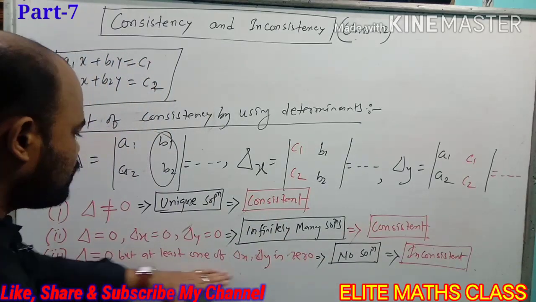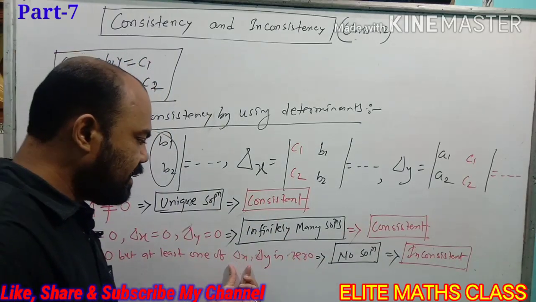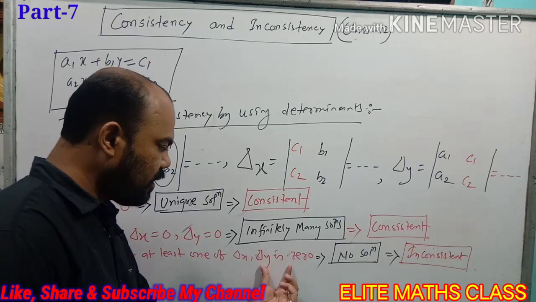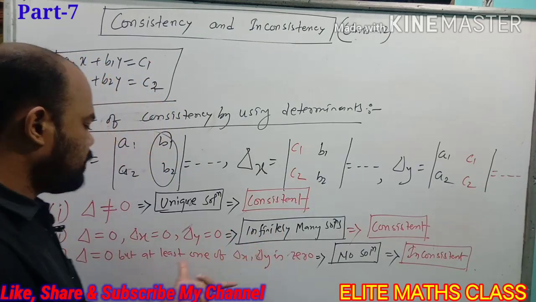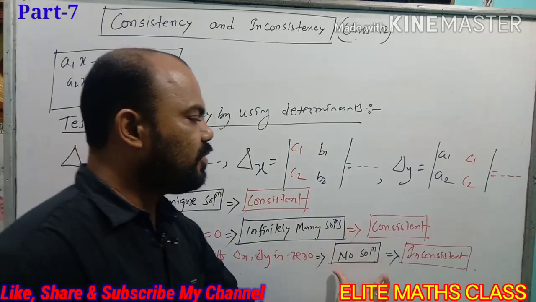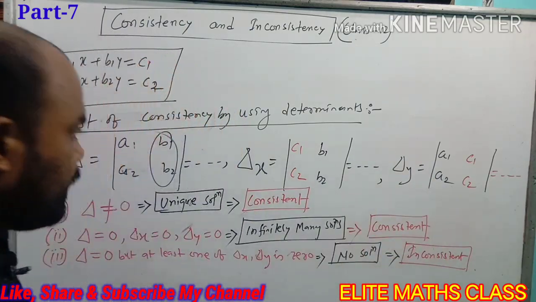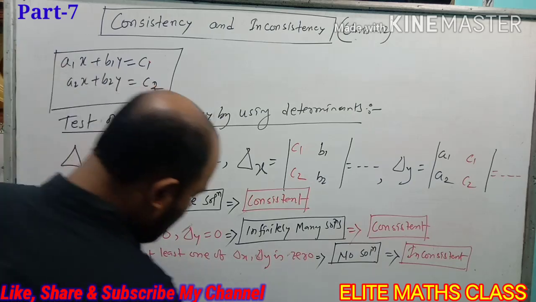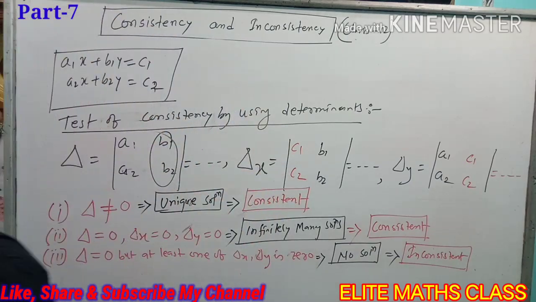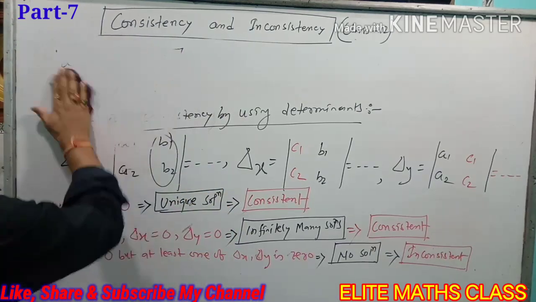In this case, the system will have no solution, and hence the system is inconsistent. Hope the conditions and how to check the consistency of a given system of equations are clear. Now let us check this with an example.